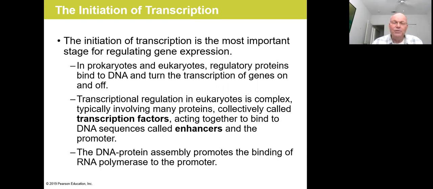Now, in bacteria, we know that transcription factors are involved, but the system of transcription factors in bacteria is a lot simpler than the system of transcription factors found in eukaryotes.